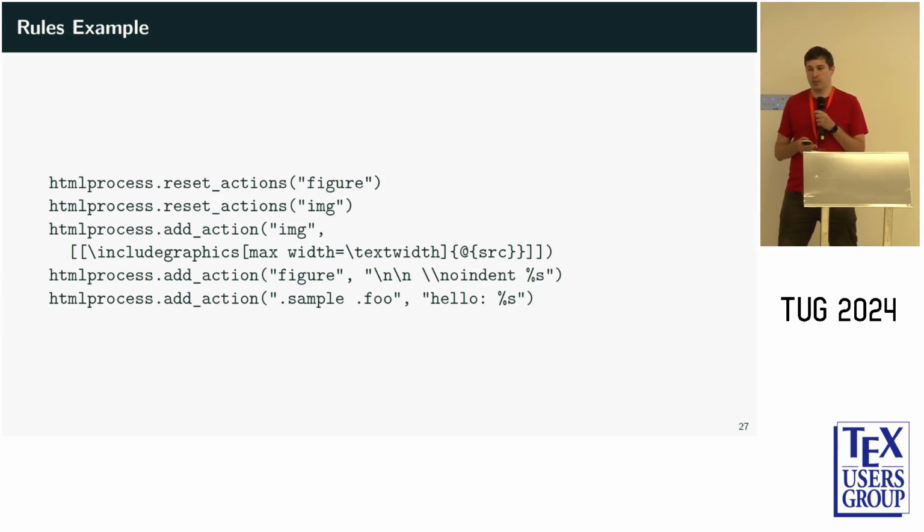You can see that I use a non-centered max width option for includegraphics that will ensure that the image is not larger than the width of the page, and we use the src attribute of the img element using dot src in brackets.